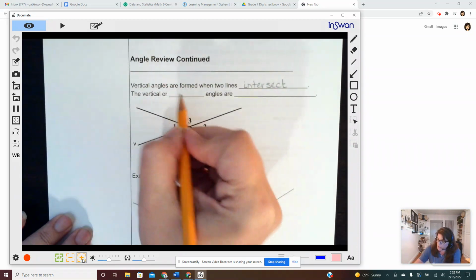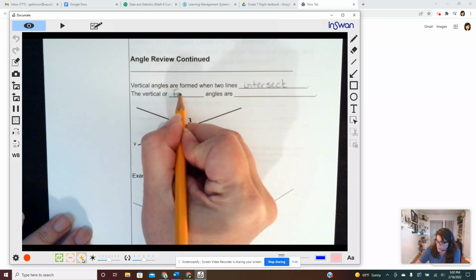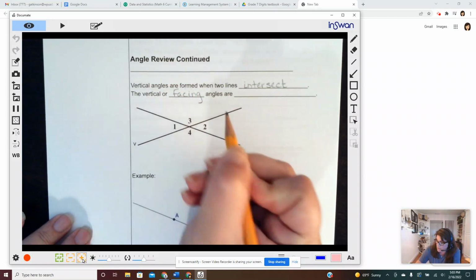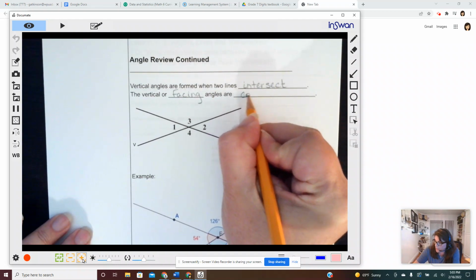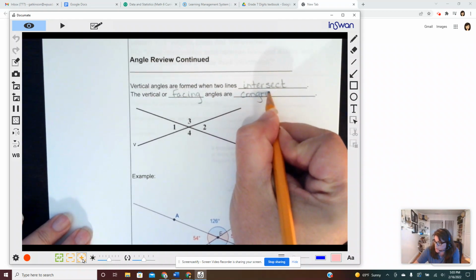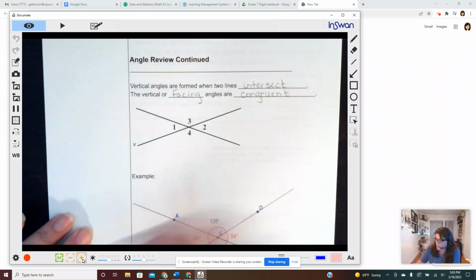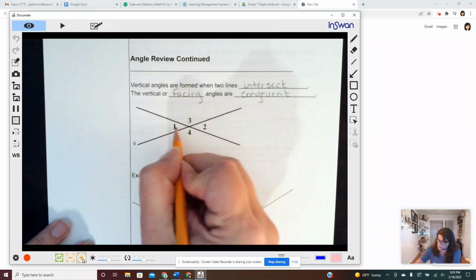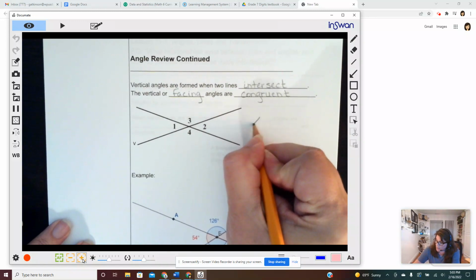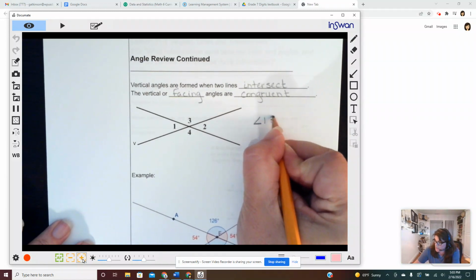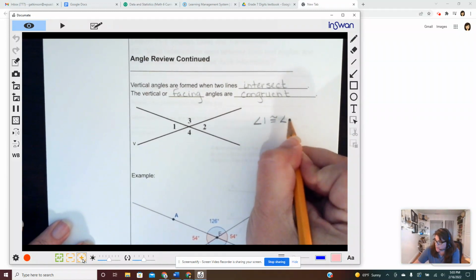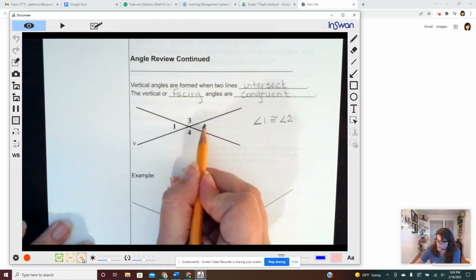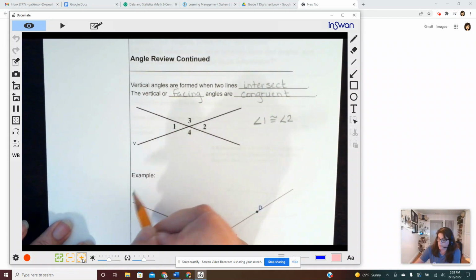The vertical angles, or I sometimes like to call them facing angles, are congruent. And remember, we learned that congruent means equal value, although not the same. So in this case, angle 1 is congruent to angle 2 because they are facing one another.